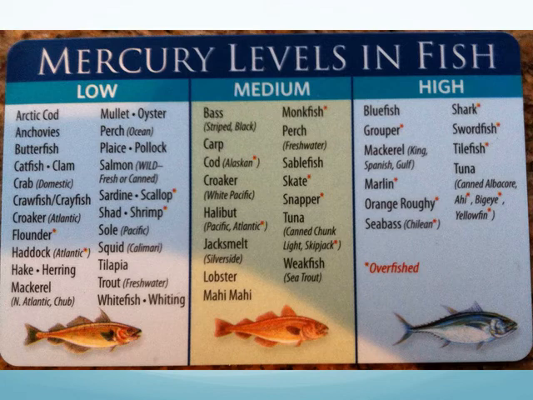For the people in Minamata, the mercury concentration was 10 times higher than those in the high category. So just to give you a perspective of how much mercury they were eating, it was more than the average person would normally get on a regular basis. So yeah.